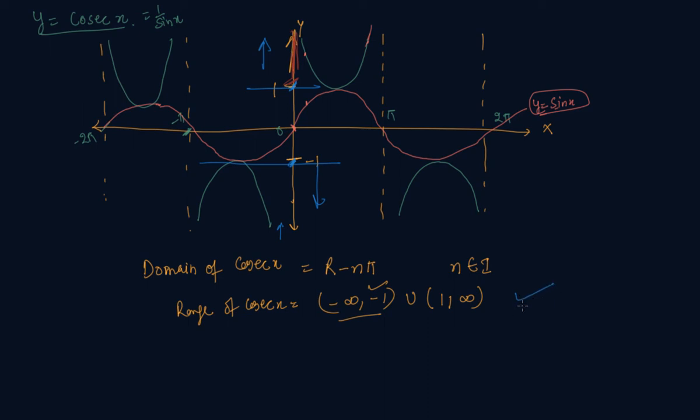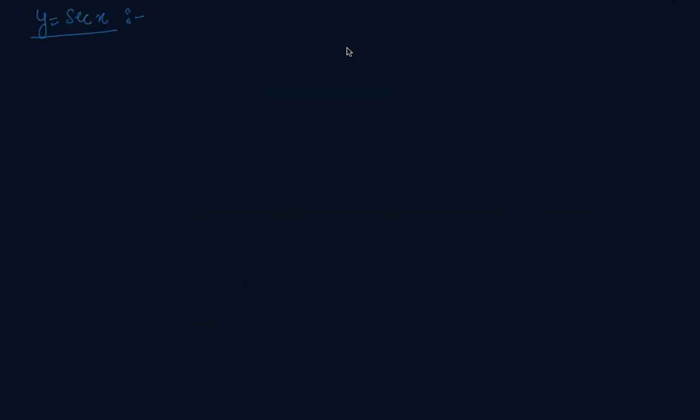Now let me draw another function, which is y equal to secant x. Students, now we will discuss y equal to secant of x. This is the x-axis, this is y.